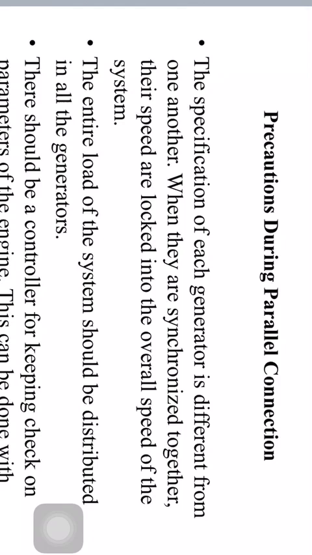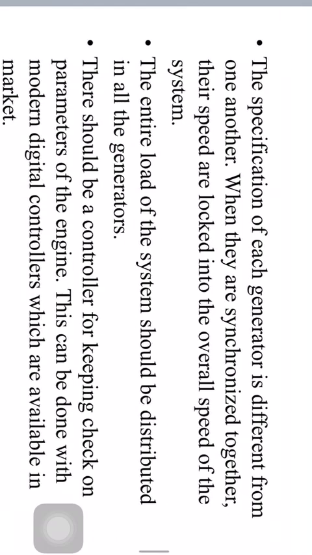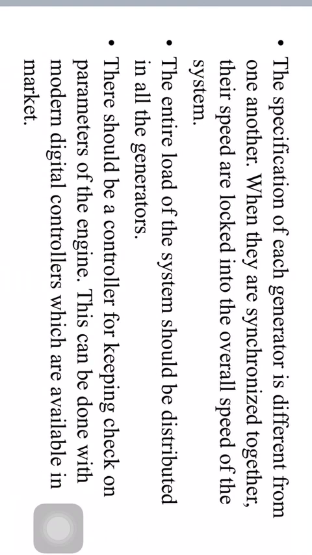Each generator should be loaded almost equally as per the requirement. We should not have one generator overloaded and another lightly loaded; we have to avoid this. There should also be a controller keeping check on the parameters of the engine, which can be done with modern digital controllers. Proper checking from time to time is necessary for parallel operation of generators.